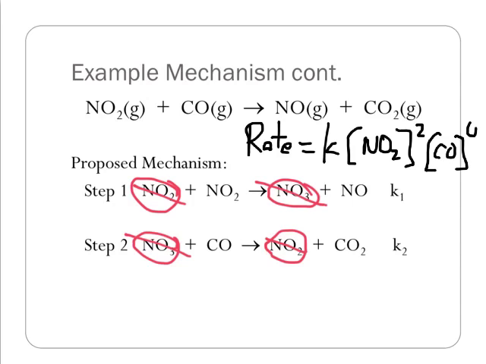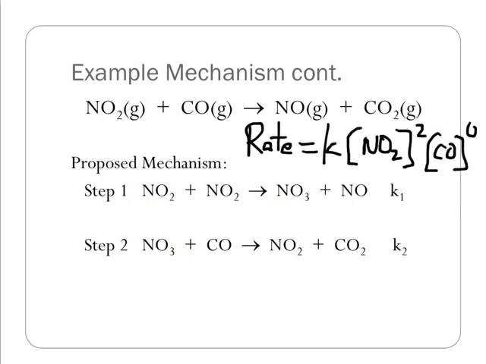So really, it's k[NO2]^2. So does this mechanism give that result? Does it theoretically add up to that experimental result? Well, now we have to talk about how we evaluate mechanisms for their rate. So again, I'm going to go ahead and clear some space here.